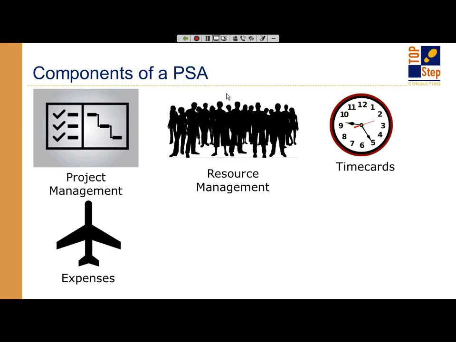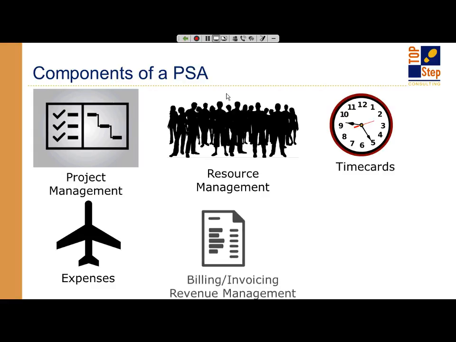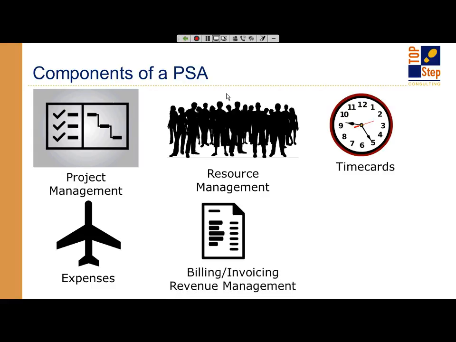And speaking of financials, many PSA tools have at least some type of billing tracking or some type of reporting that gives you information about what billing should be or what amounts should be invoiced. Some of the larger PSA tools that are more multifunction can even support invoicing. They can support revenue management, but there has to be some kind of financial component within the PSA tool.